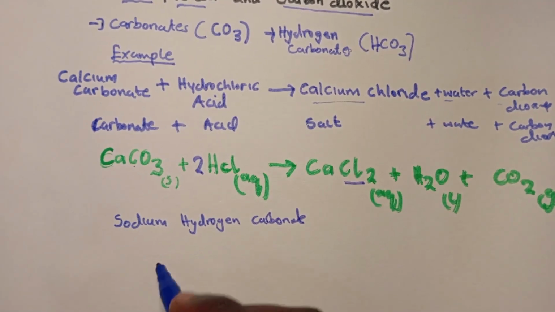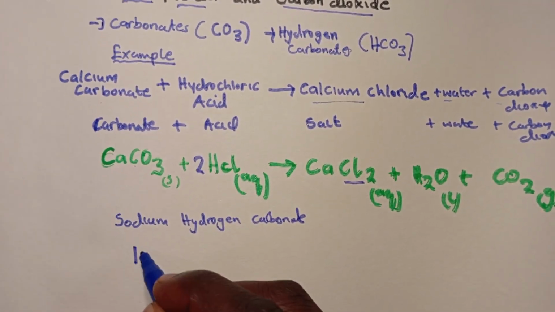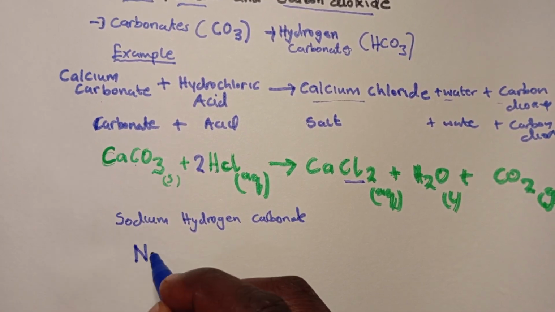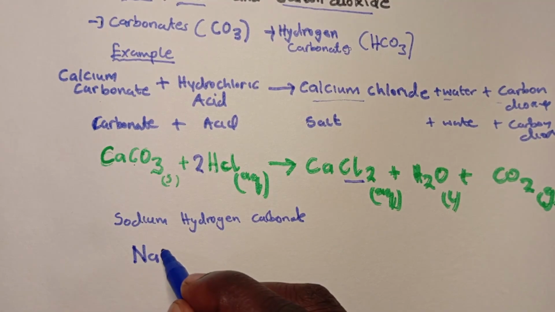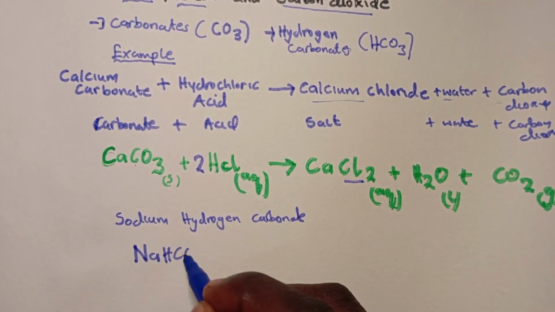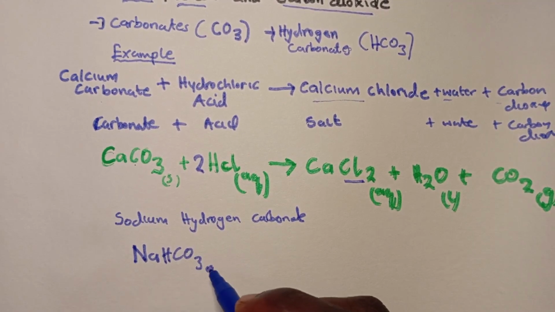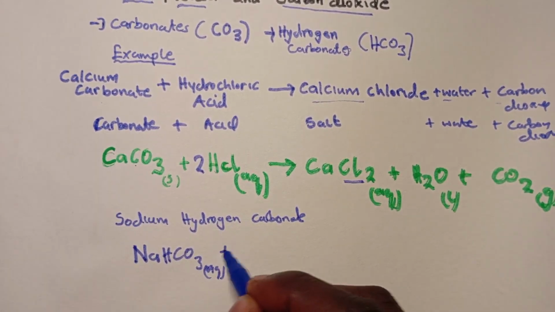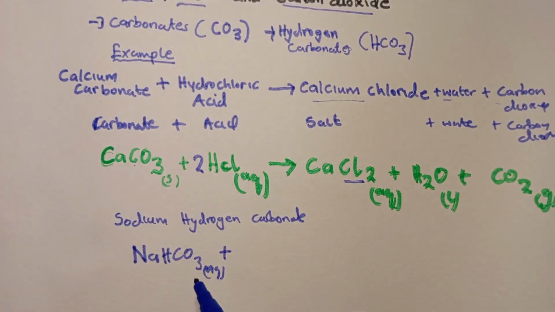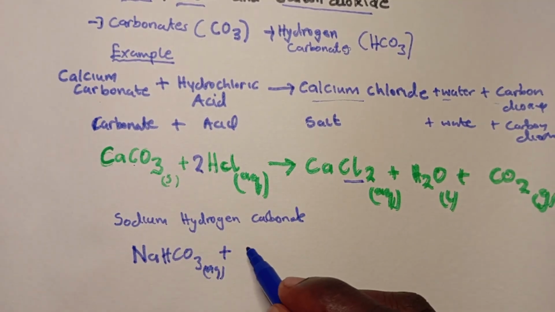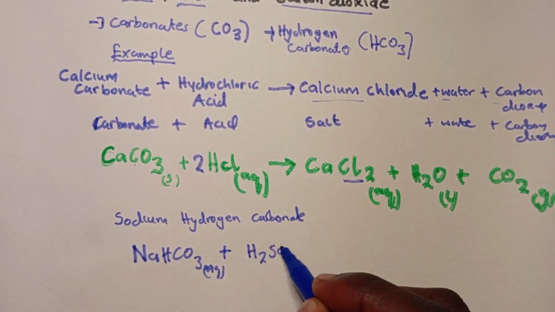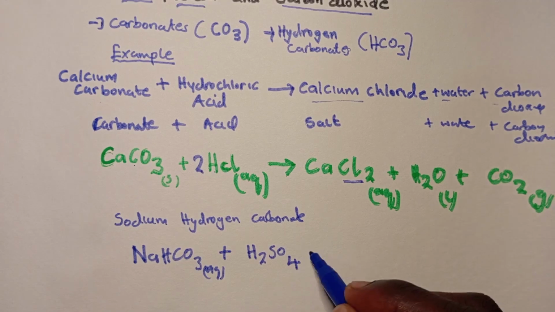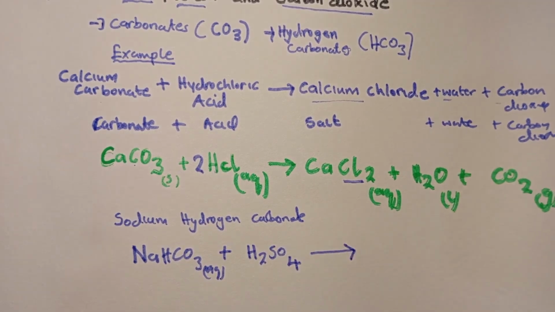Hydrogen carbonate is HCO3. It will react with an acid of our choice. Let's get sulfuric acid. Sulfuric acid is written like this. Then we see what will be given out.